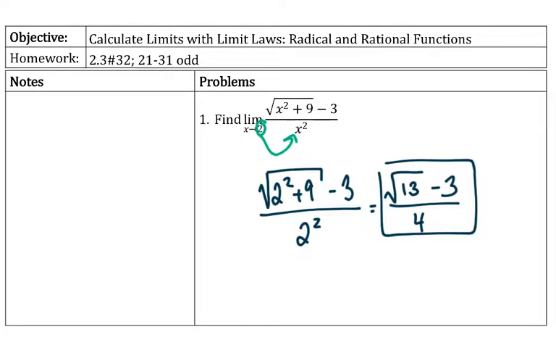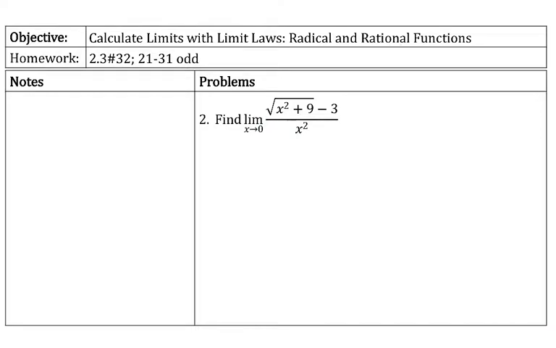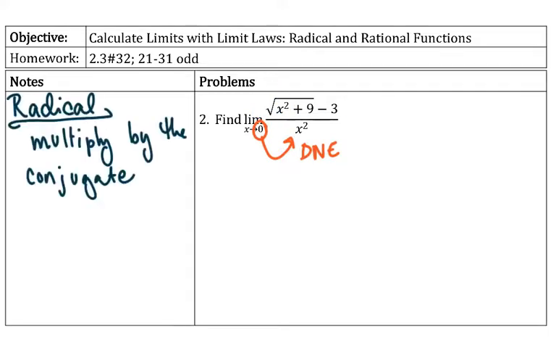Now, of course, we are going to have very few that are just this nice, and we're going to have several where, oh, if I plug this in, 0 in the denominator, oh, that's our DNE, and we're going to have to find something else. Now, if you have a radical, you're going to want to multiply by the conjugate. You're probably used to thinking about this in terms of imaginary numbers, but it exists for any rational expression.